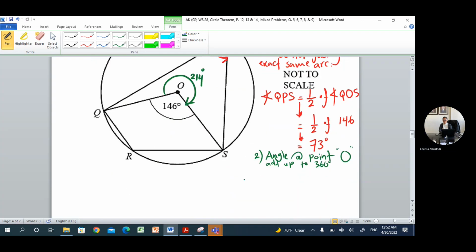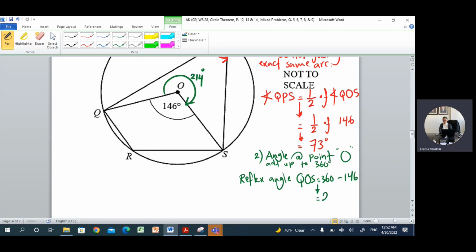Accordingly, reflex angle QOS is equal to 360 minus 146, and the answer is 214 degrees.